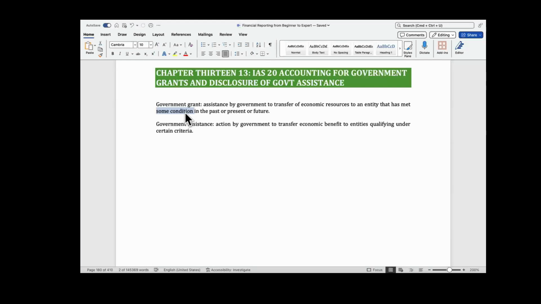For both grants, you must have qualified under certain criteria. Do you know that this naira-for-crude arrangement that Nigeria is doing with refiners in Nigeria is a government assistance?